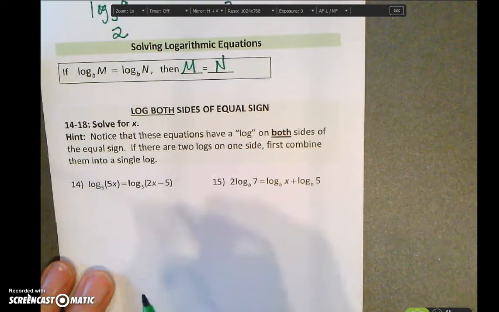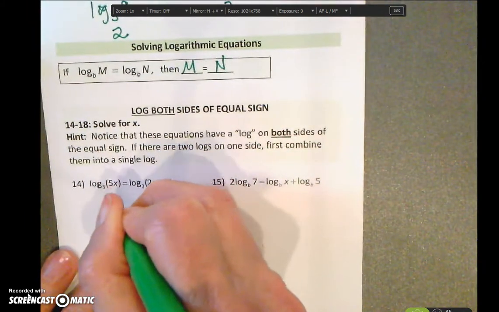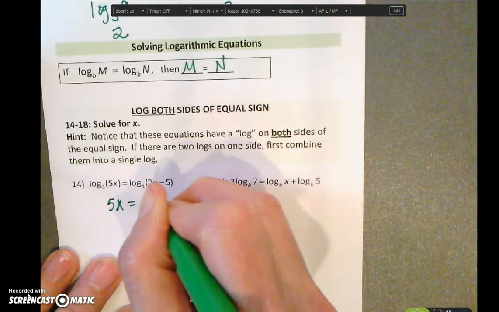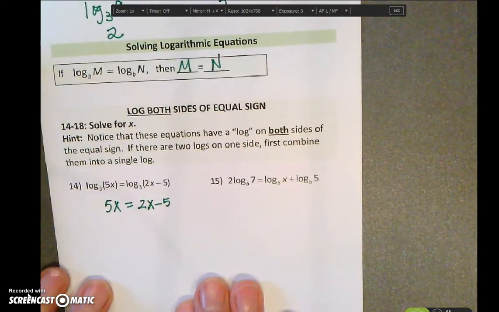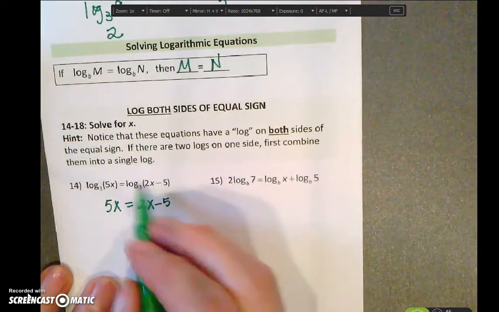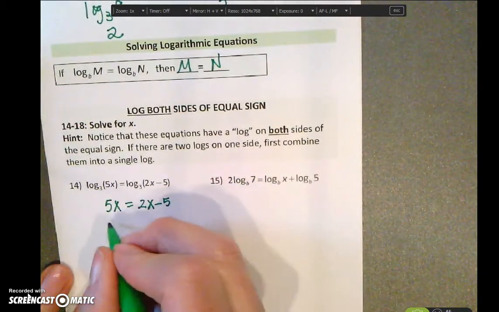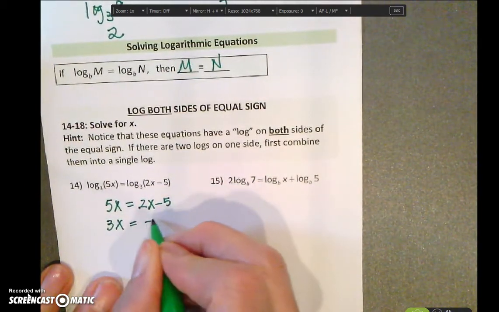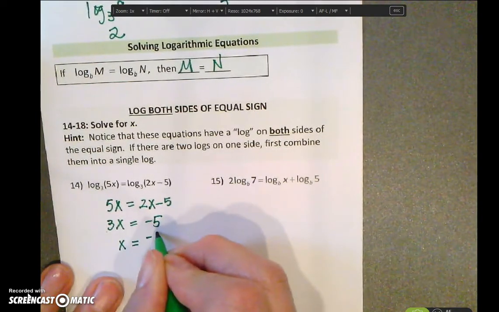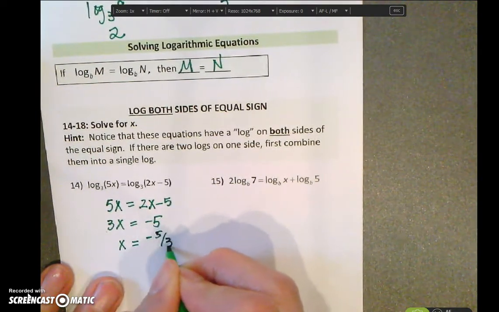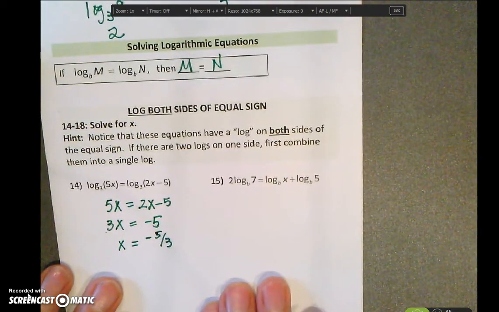They're both base 3. So we can just say that 5x is equal to 2x minus 5. Almost too easy, right? You're not crossing out the logs, but you're using that rule. So then I'm going to solve it. So 3x is equal to negative 5. Divide both sides by 3, and x is equal to negative 5/3.